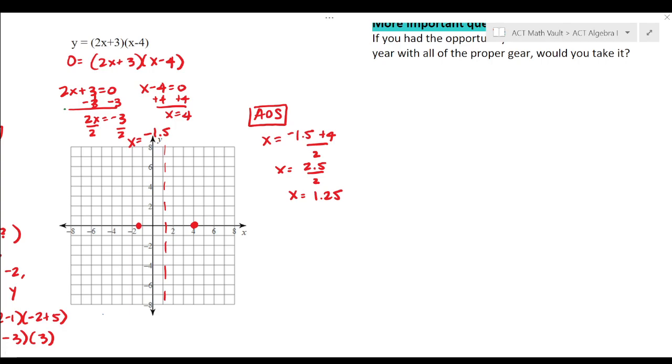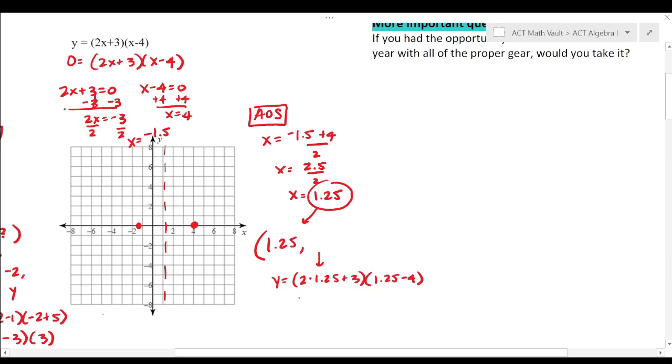So what I want to do now is think about where that vertex could be. We know the x is going to be 1.25, and then I'm going to plug everything else in, because we're trying to find the y. So y equals 2 times 1.25 plus 3, times 1.25 minus 4.